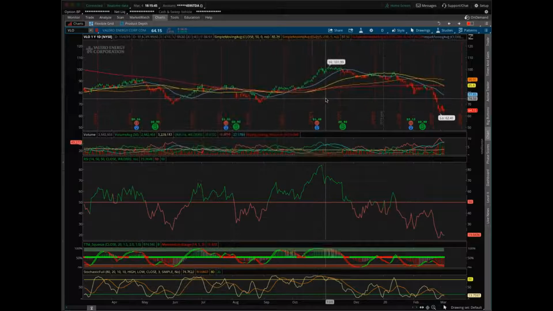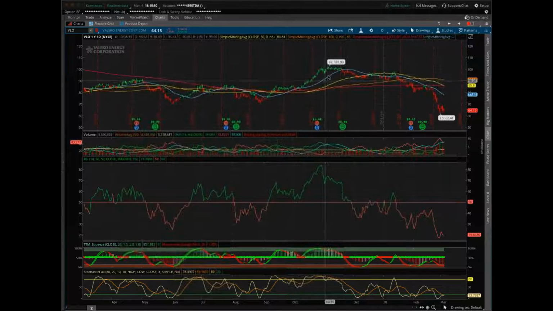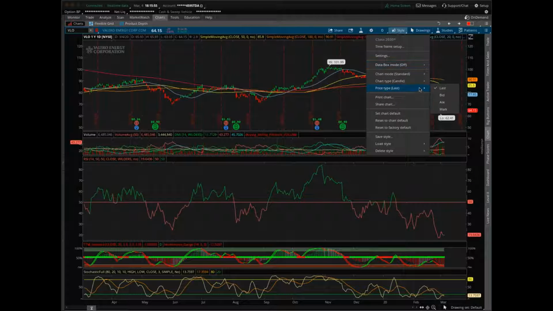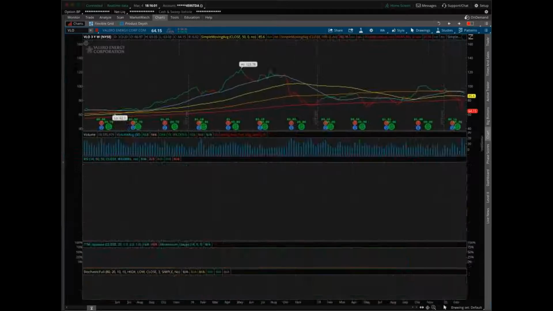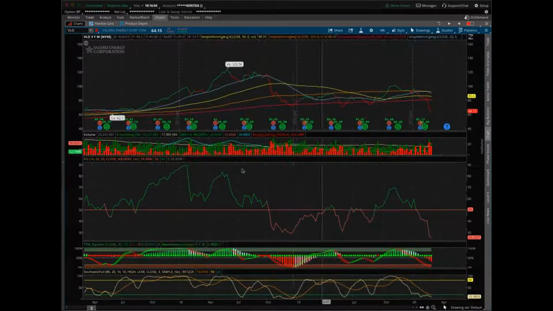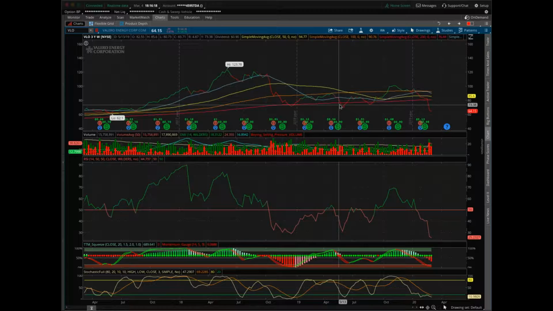All right. So the RSI is typically going to be in line with the stock chart. So if I change this to a line graph, let's go to the weekly chart. Typically, the RSI and the chart are going to be very, very similar, if not completely similar.